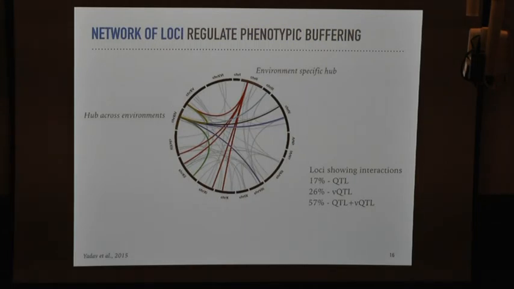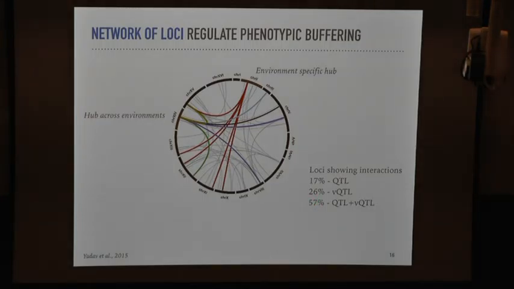And we compared this across all the QTLs that we had mapped, and we identified that these markers were very highly enriched for gene-gene interactions. About 57% of the markers which were originally identified as QTL and VQTL only were actually showing genetic interactions.